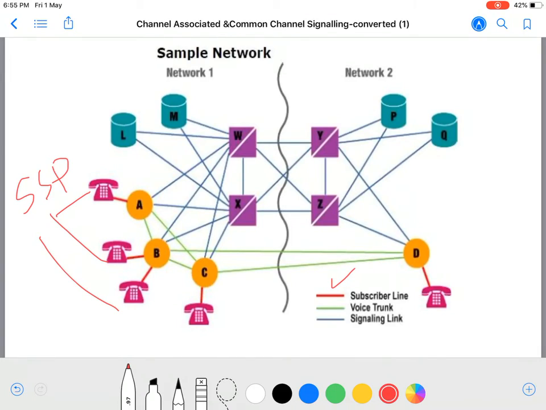The voice trunk is going from A to C, from A to B, and from B to D. So these green lines are all voice trunks or payloads.